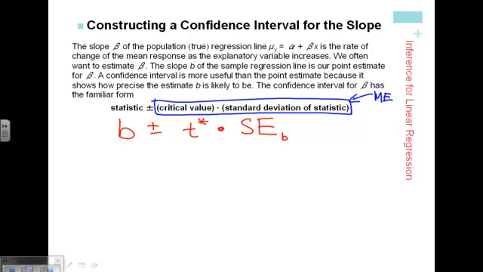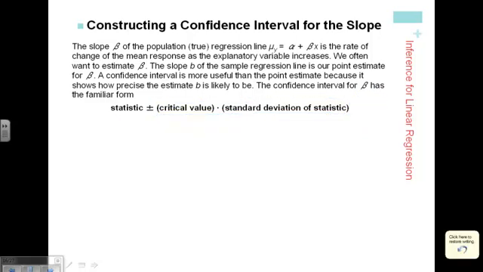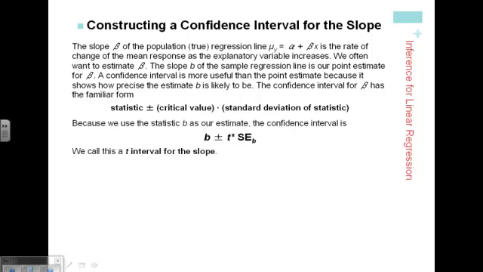Let's see what the publisher has to say to make sure I have hit all the salient points. Okay, so did we get that right? Yep, the statistic is B plus or minus T star SE of B, the standard error of the slope. And we get a T interval, a confidence interval for the slope.